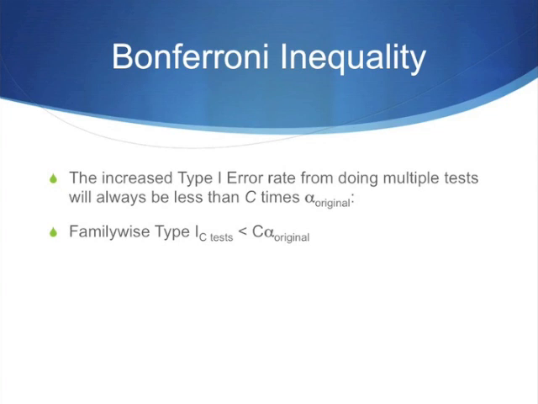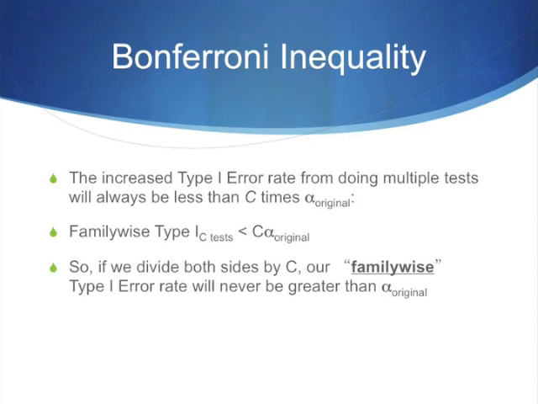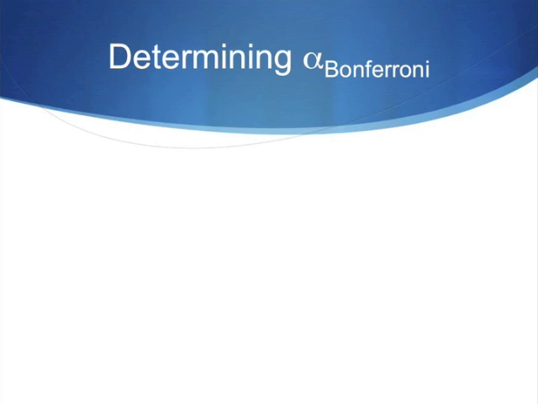So our family-wise alpha level is less than or equal to the original alpha level, which might be 0.05 or 0.01. If we divide both sides by the number of tests we are doing, our alpha level will not be greater than the original level.